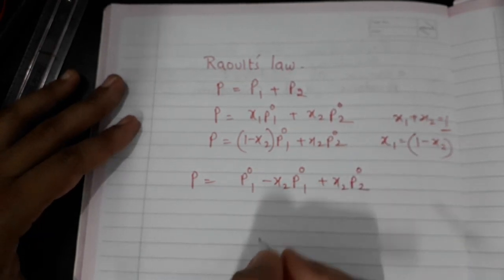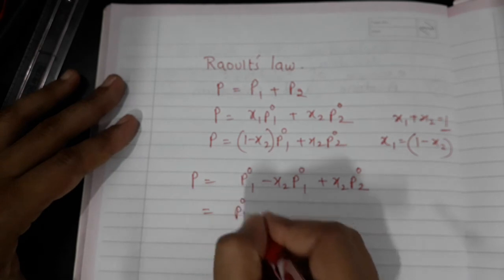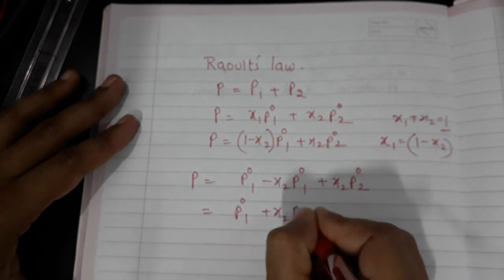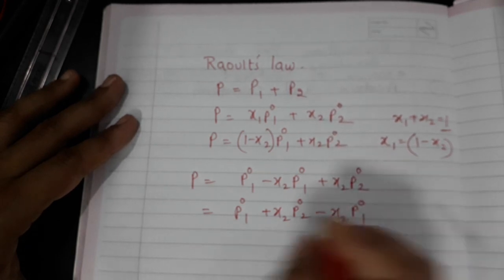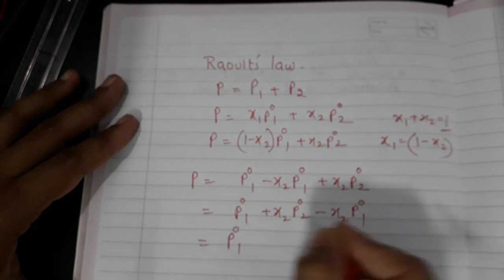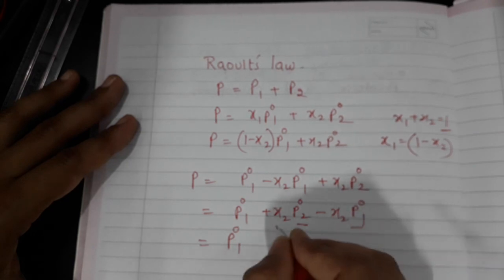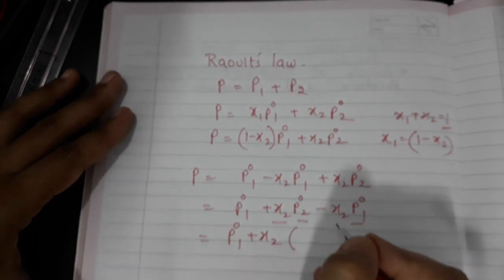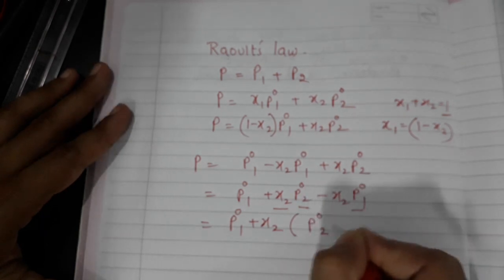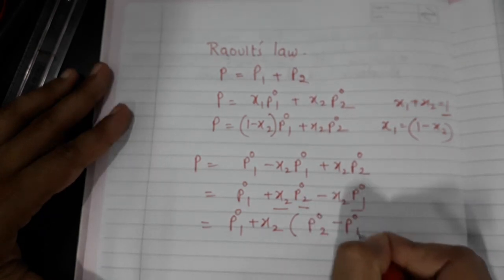Now what we do is, this term x2 P02, I will bring behind P01. Now I will take x2 out, so I will be getting P01 plus x2 times (P02 minus P01).